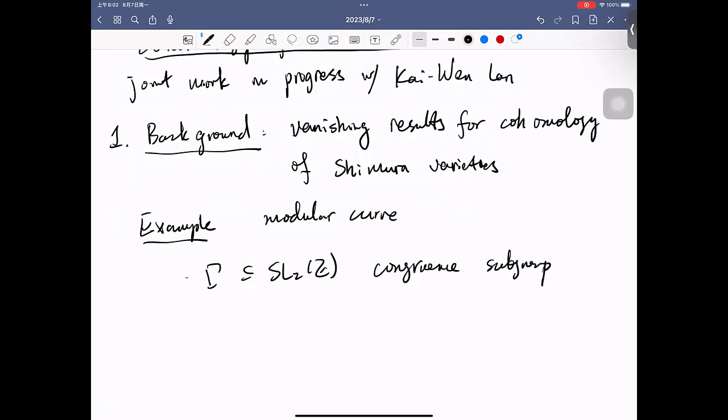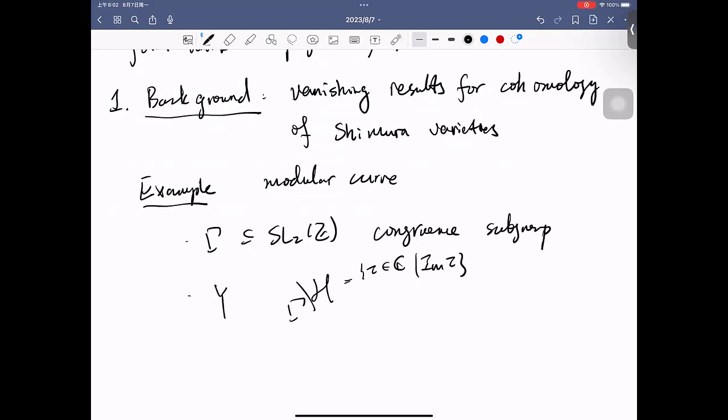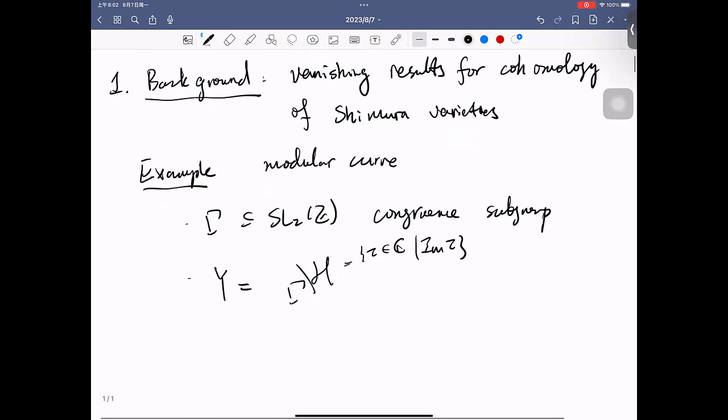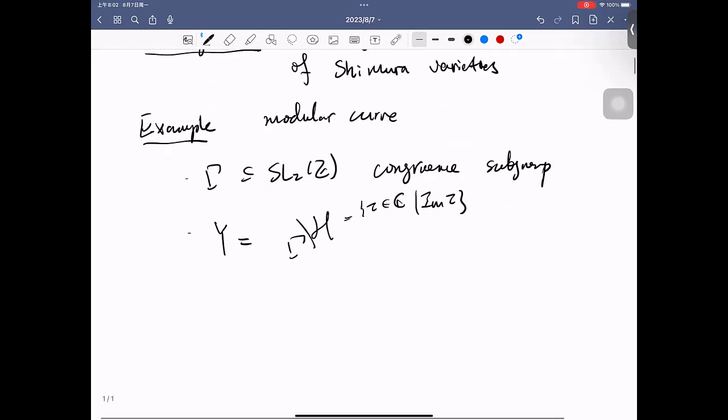We will assume it's sufficiently small so that the quotient of the upper half plane, the quotient by gamma, is really a manifold. So this is a Riemann surface. So this is the usual modular curve with level gamma.